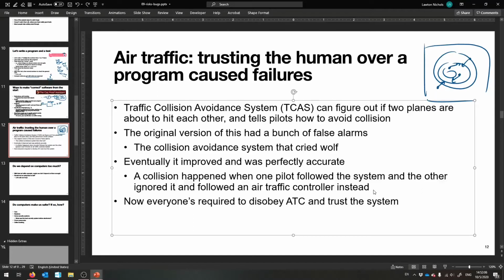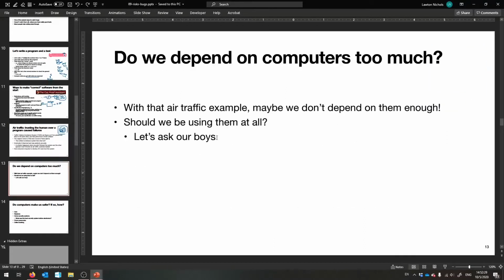And so that was a huge problem, and now every pilot is required to disobey the air traffic controller and trust the system instead. It's that accurate now these days. So that's a good story. It took some bad things to get to that place, but we're a bit safer now in the air than we were, I would say.